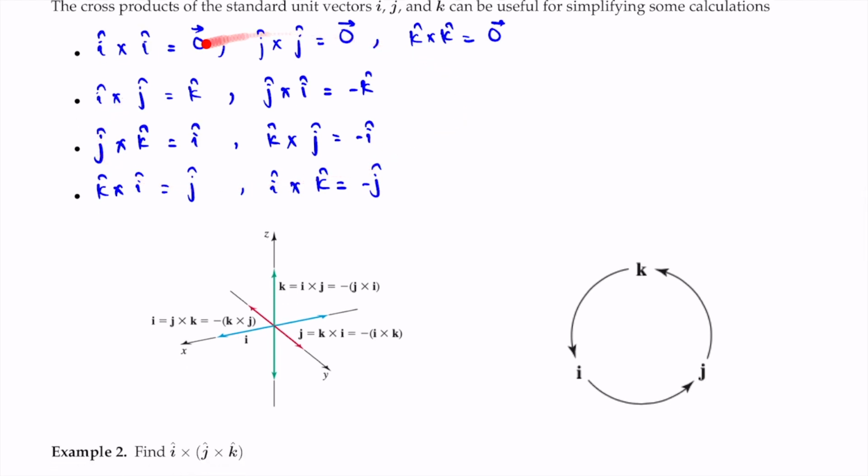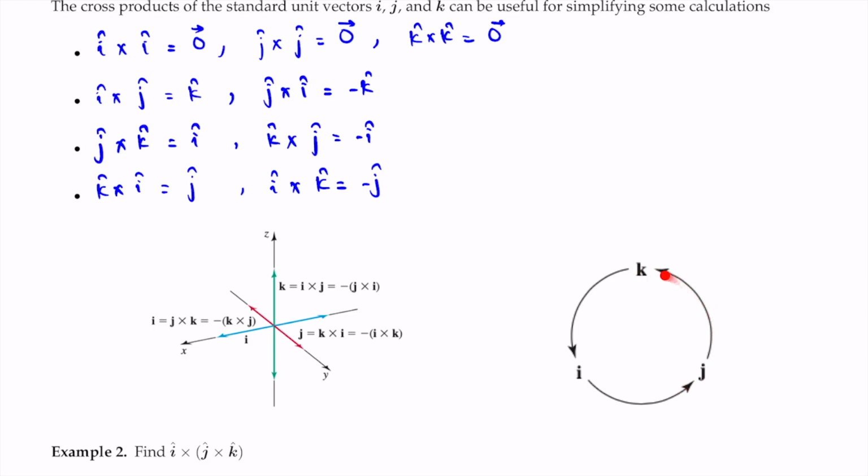And the result that we have right here can be summarized into this circle. Okay, so you have three standard unit vectors, i, j, and k, and the arrow here indicates the positive direction. So when you do i crossed with j, you get k.